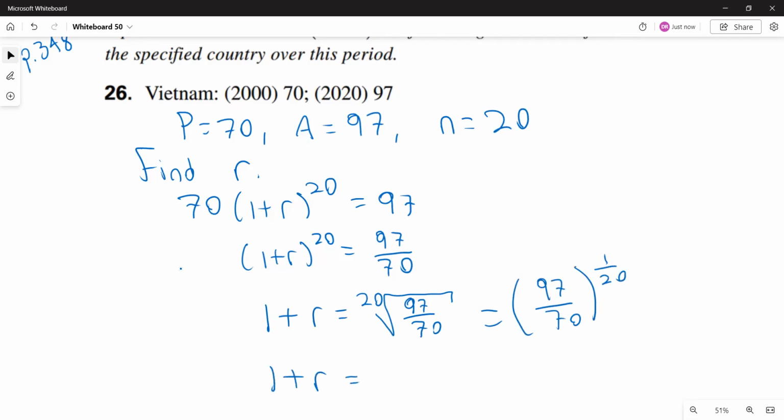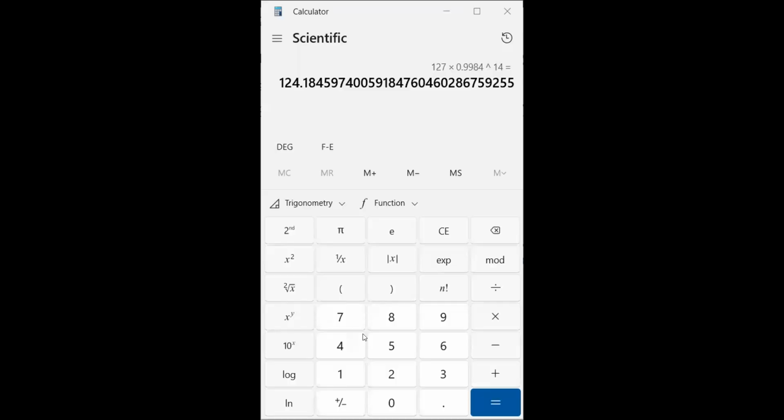So 1 plus R on a calculator is 97 divided by 70 raised to the 1/20. And I'm going to show you one more time. This is 97. Remember to use grouping symbols: 97 over 70 raised to the 1/20th power.